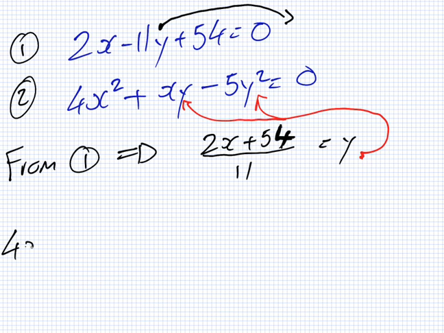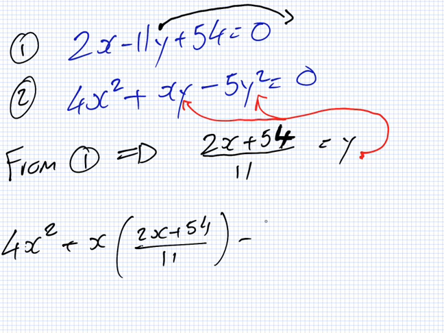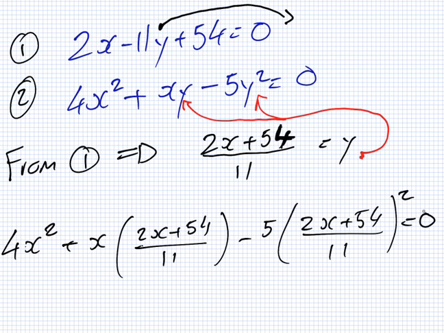So you have now 4x squared plus xy minus 5y squared equals 0. KJ, did you write that down?